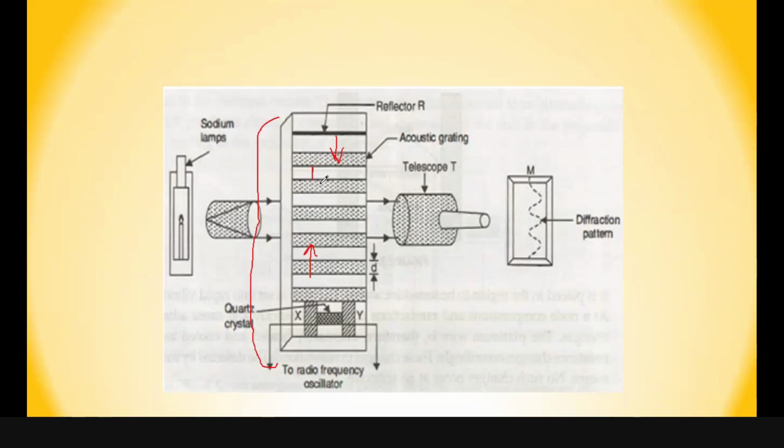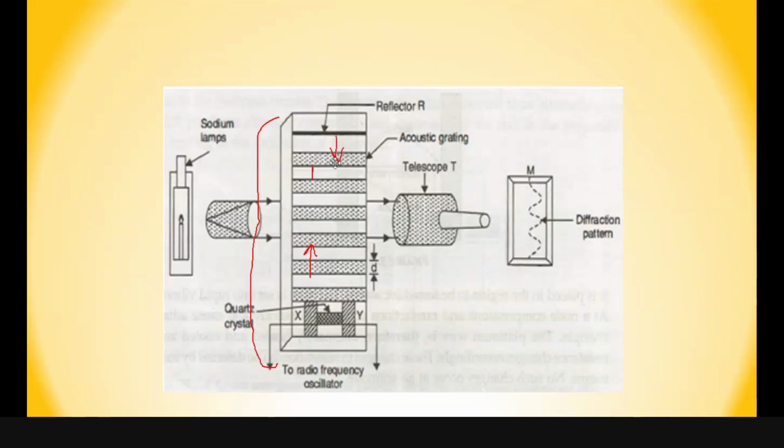The place where there is destructive interference, the particles of the liquid will be compressed. So compression, then a rarefaction, compression, and a rarefaction. Where there is constructive interference, the particles will be far away from each other. Where there is destructive interference, there will be compression of the particles.